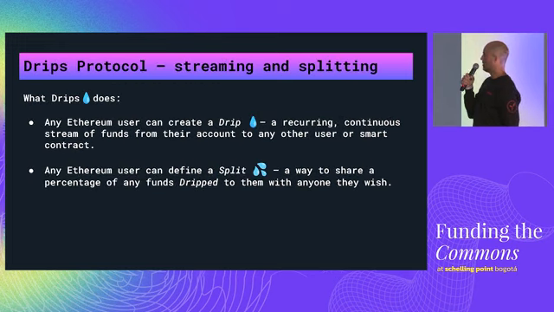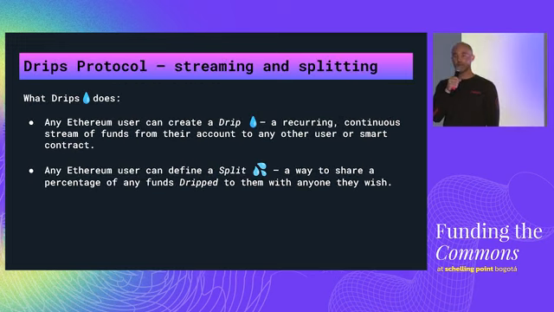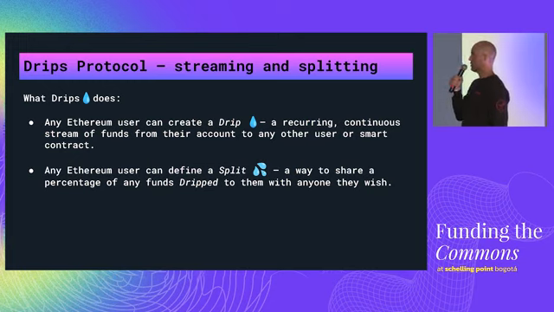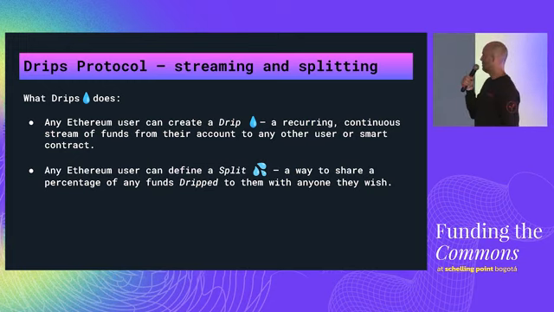For the last year we've been doing a lot of this under the banner or brand of the DRIPS protocol. When we set out thinking about how you would get funding to FOSS developers, we started thinking about what toolkit you would need.